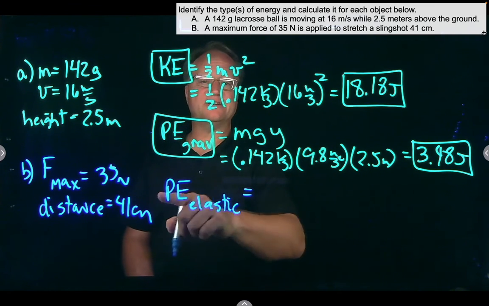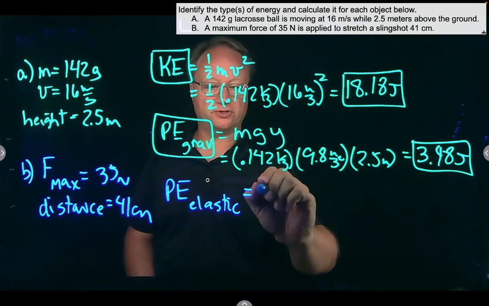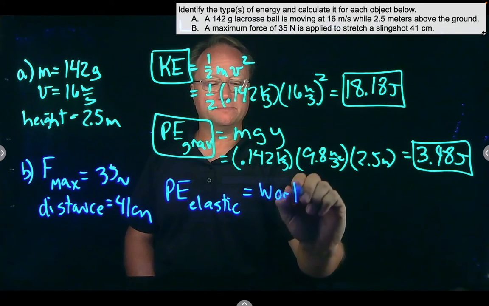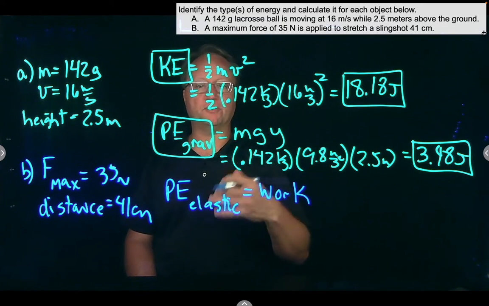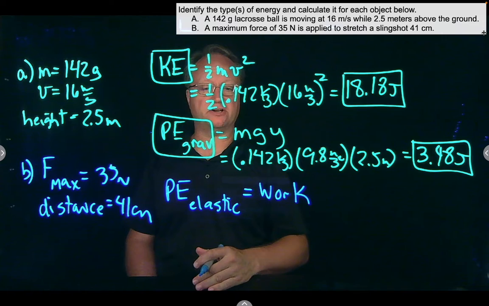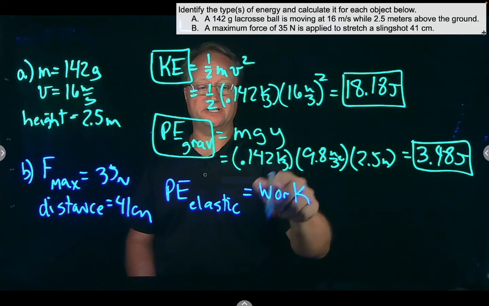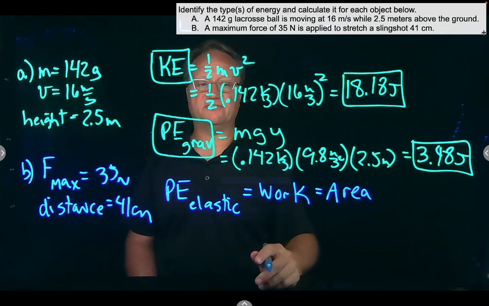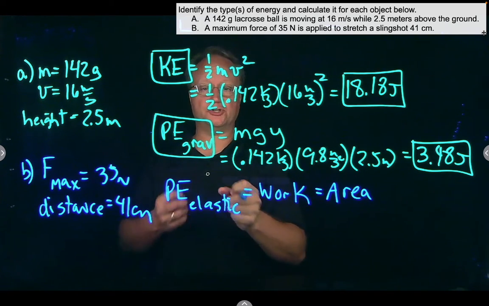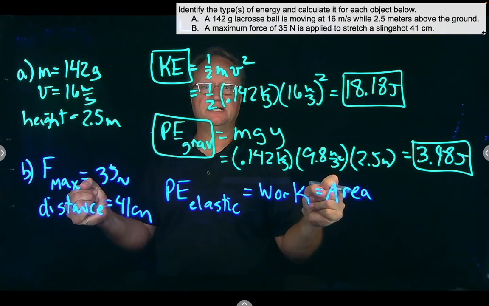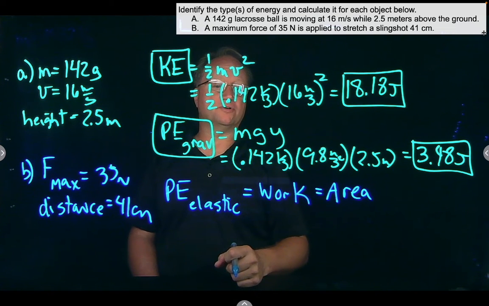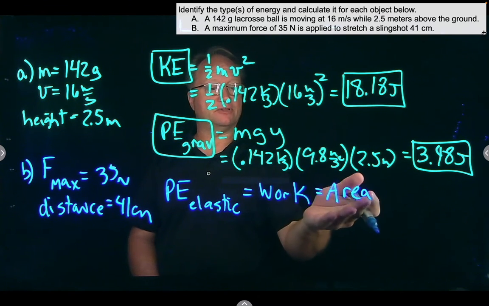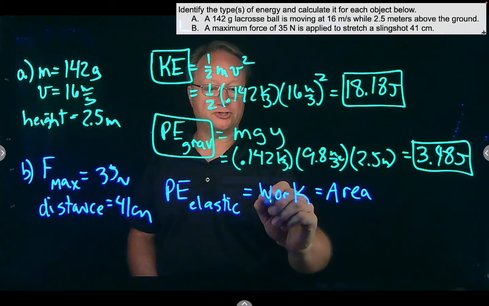Well, we give an object elastic potential energy by doing work to it. So there are several different ways we can think of calculating this amount of energy. Well, this work is equal to the area of the graph, because the force is not constant. As you stretch something elastic, you apply more and more force. That relates the graph to a triangle.